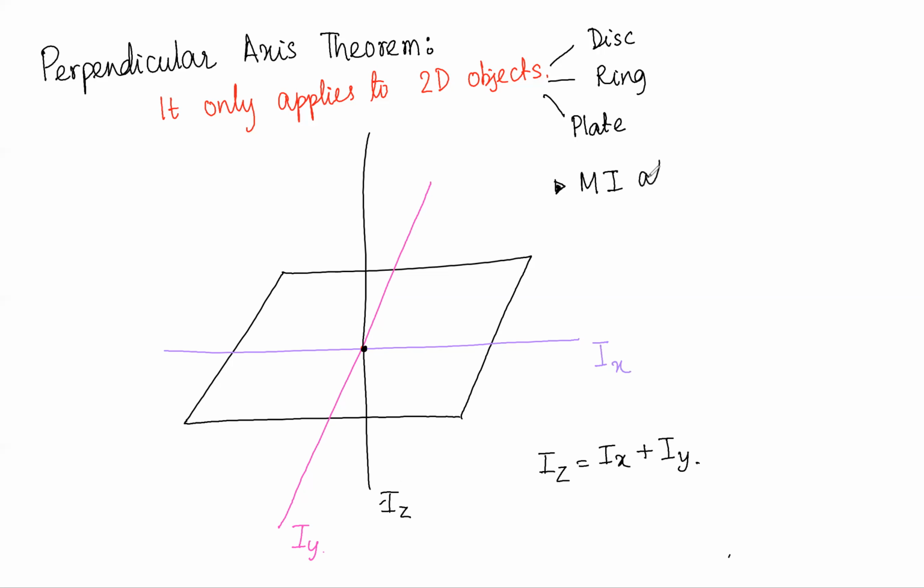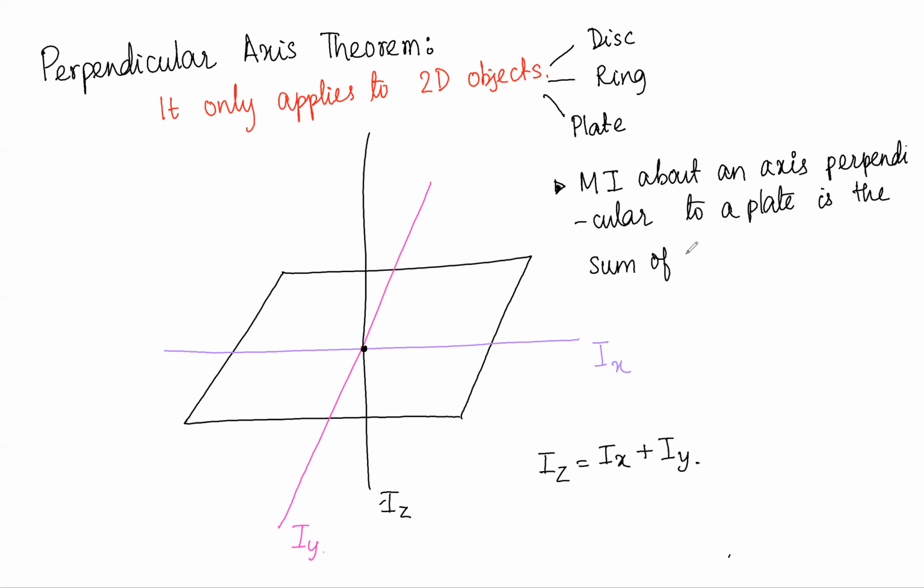The moment of inertia about an axis perpendicular to a plate is the sum of moment of inertia of two mutually perpendicular axes. Mutually perpendicular means 90 degrees between these axes. So basically there is 90 degrees between everything. That is why it's called the perpendicular axis theorem.